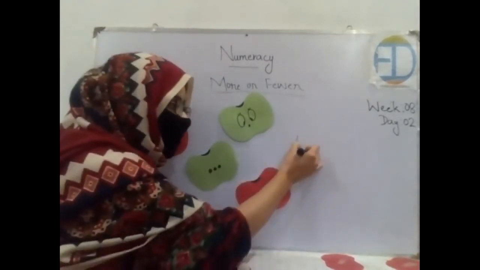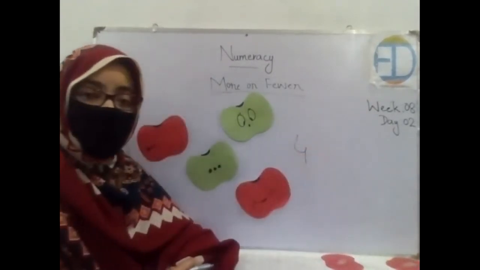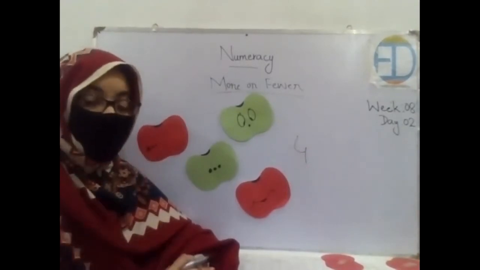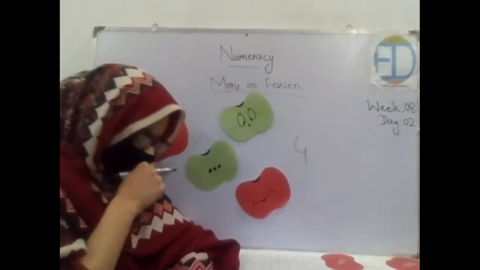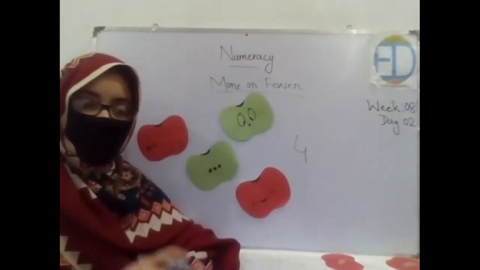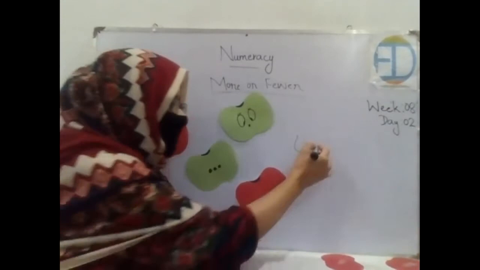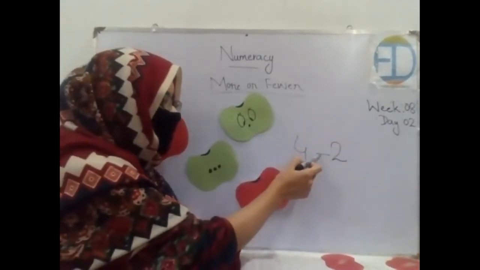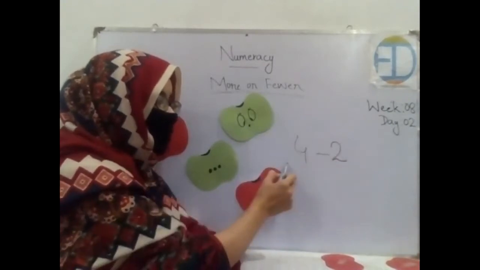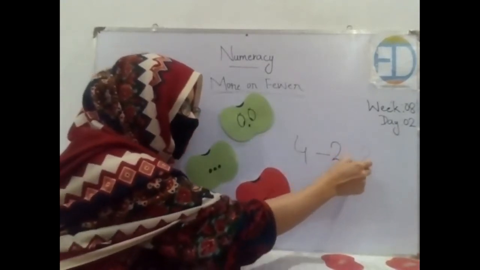You have four apples, but two of your friends are absent. So now you don't need four apples anymore, right? So you want somebody to take two out of them. This means that when somebody subtracts 2 from this, you will be left with only 2 apples.